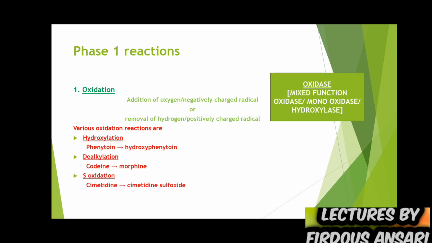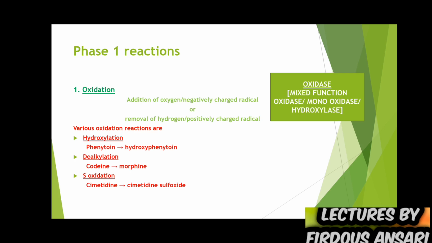And next we have S oxidation, here cimetidine getting converted into cimetidine sulfoxide. Cimetidine into cimetidine sulfoxide is an example of the monooxidase enzyme, and the dealkylation, that is codeine getting converted into morphine, is an example of mixed function oxidase enzyme. So this is regarding the oxidation reaction.